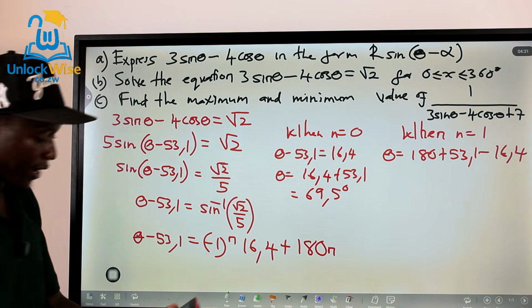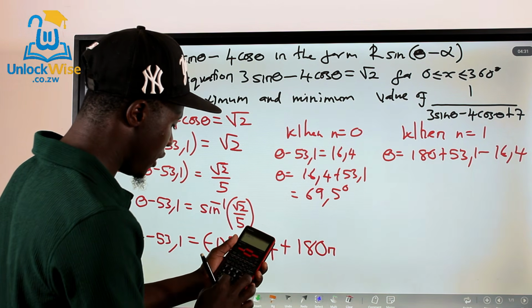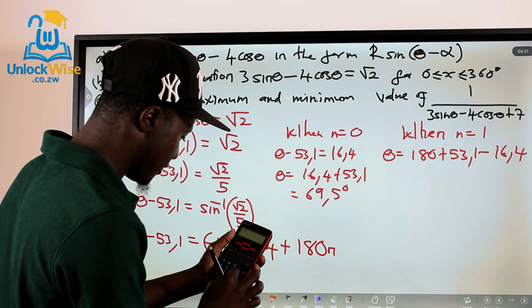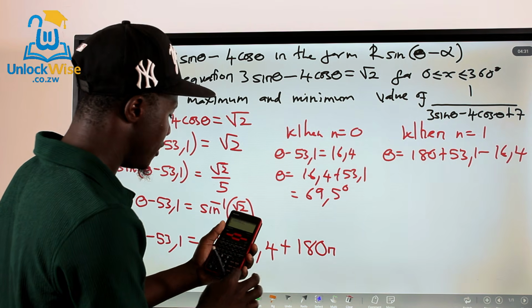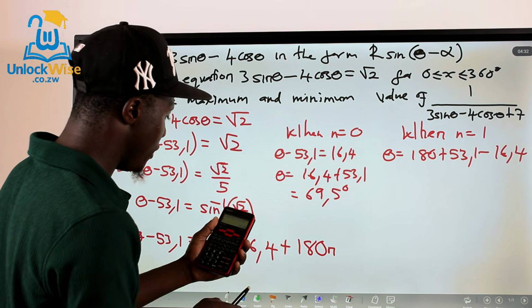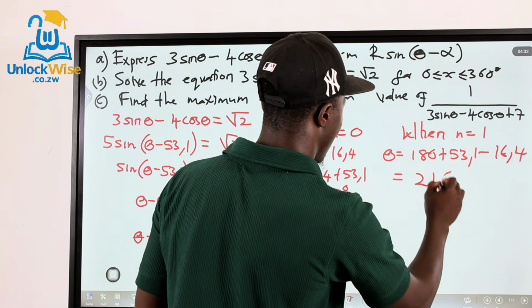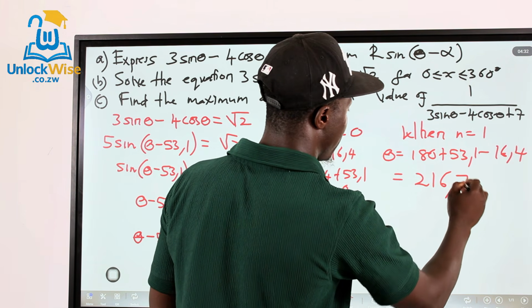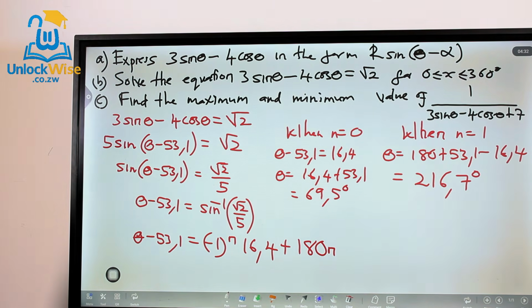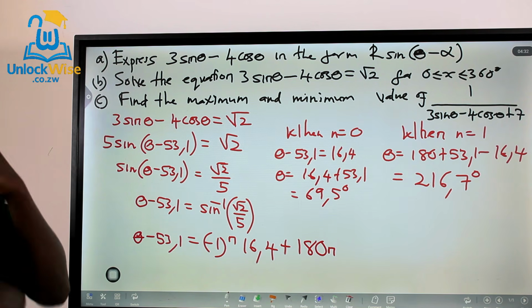So we are going to say 180 plus 53,1 minus 16.4. Then we'll be left with 216.7 degrees. So all your answers should be in what? Degrees. So this will mark the end of answering the B part.